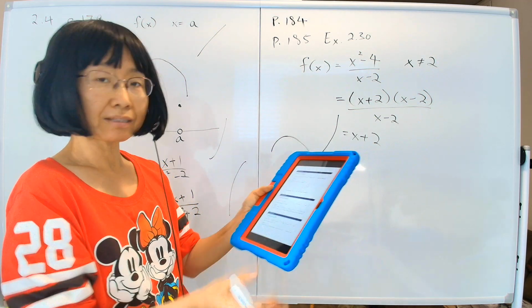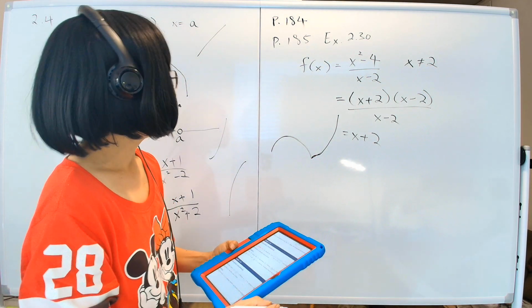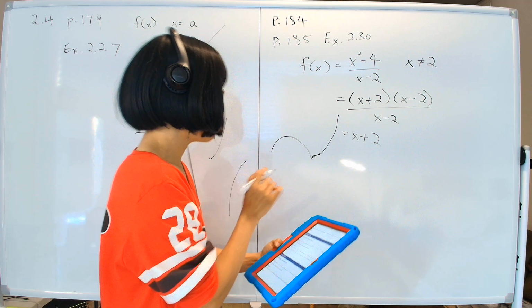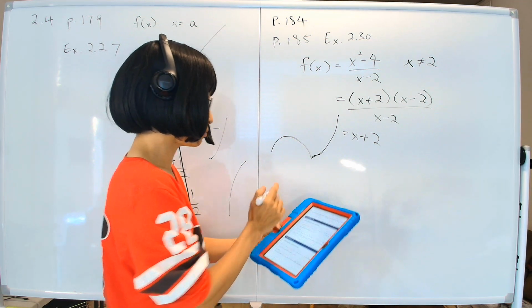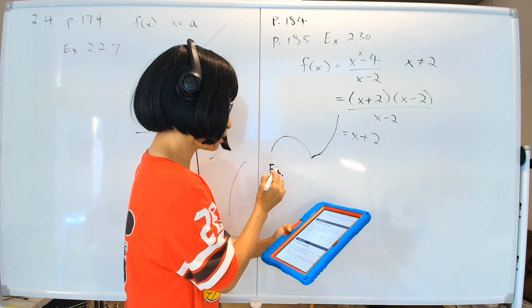let's look at another rational function. Now this time, you can't cancel it out. Still on the same page, let's look at example 2.32.